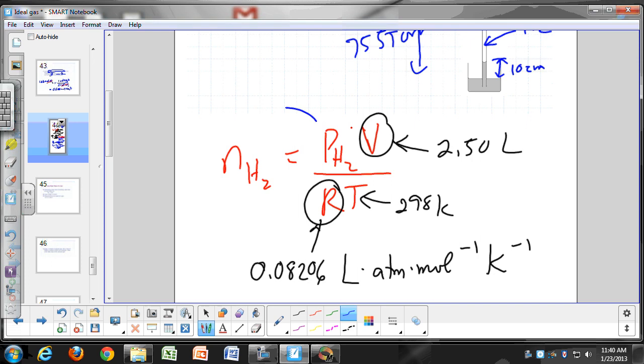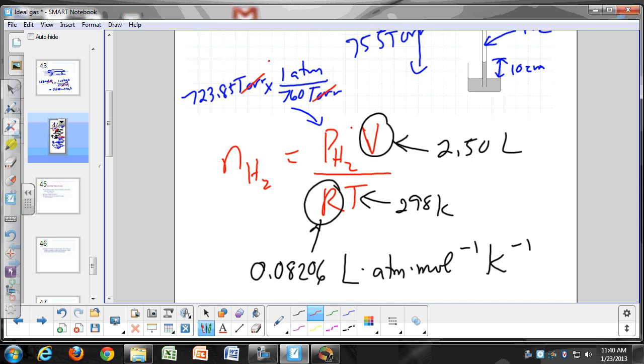Go back here. This is 723.85 torr. I have to change that to atmosphere. And how do I change torr to atmosphere? Times 1 atmosphere over 760 torr. Torr cancels out. And so that's the number that goes into your partial pressure. So that's the calculation that you're going to need to do.